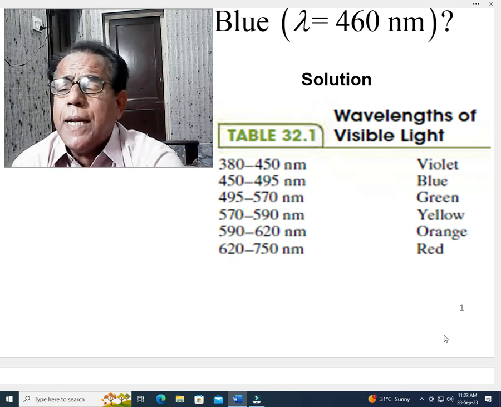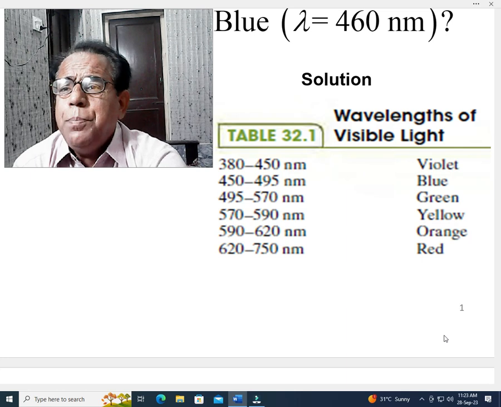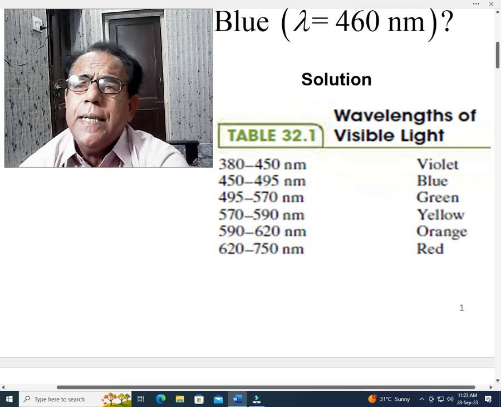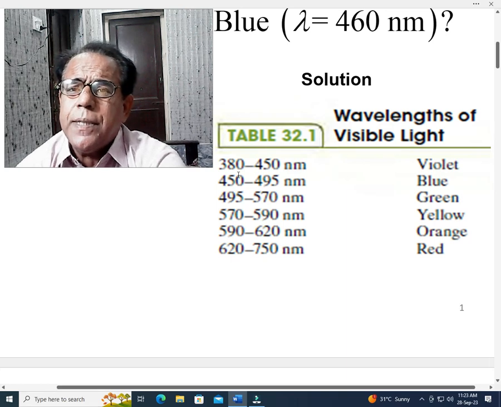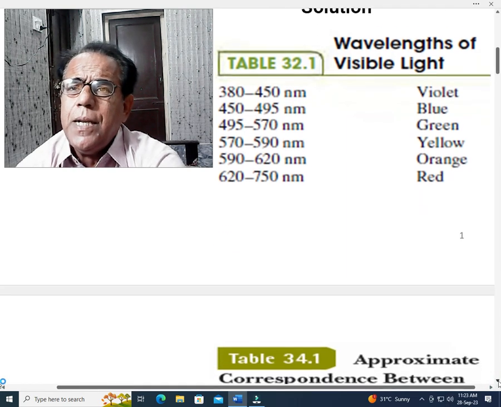Wavelengths of visible light: violet, blue, green, yellow, orange, red, and their range is given. From 380 to 450 nanometer violet, 450 to 496 nanometer blue, and so on. We leave it.